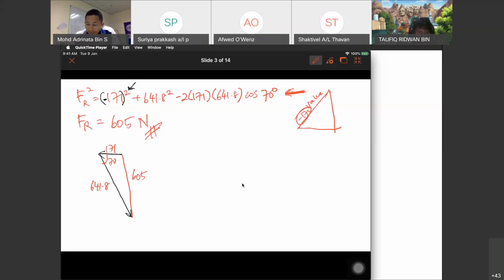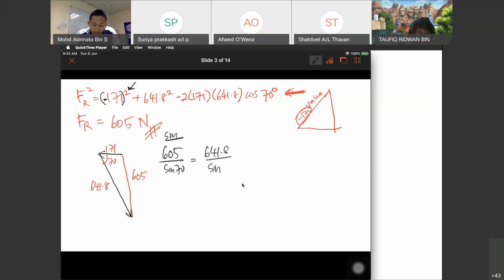If you get this one, then you can find your 605 over sine 70, sine law. 605 over sine 70, 641.8 over sine.